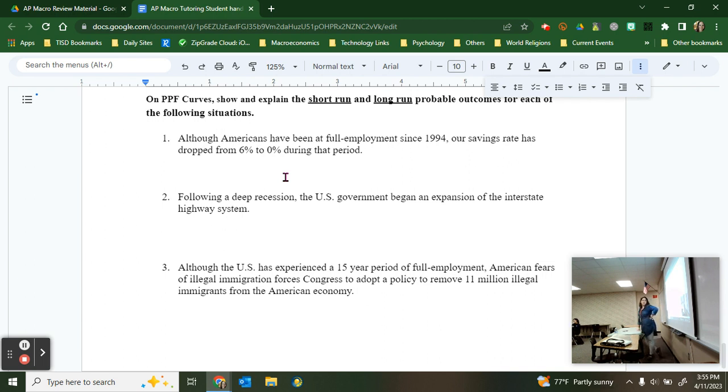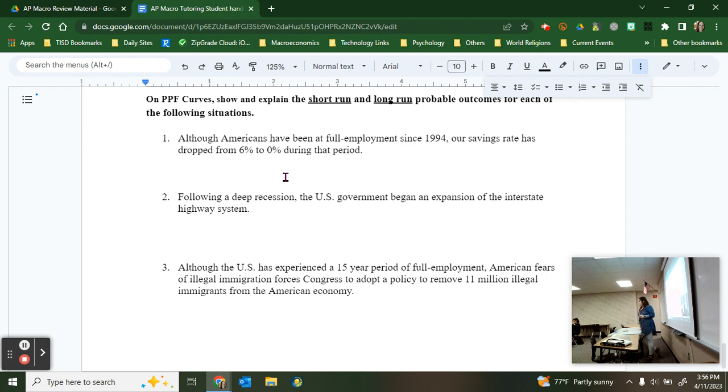All right, last but not least, although the U.S. has experienced a 15% period of full employment, starting on the curve in this last one, we're fully employed. American fears of illegal immigration force Congress to adopt a policy to remove 11 million illegal immigrants from the American economy.